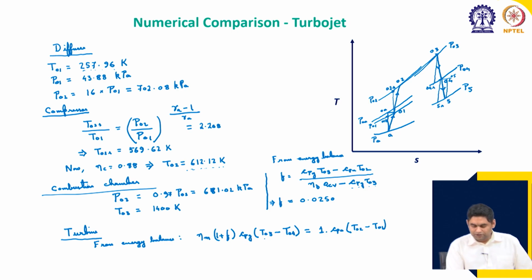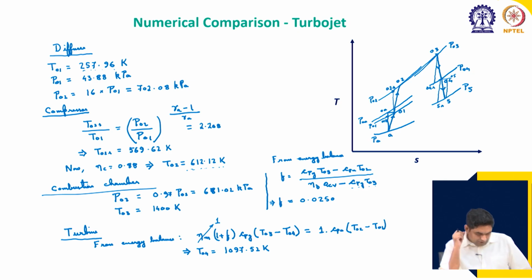Cpa is known, Cpg is known, T03 is known, 1 plus F is known, and mechanical efficiency is given as 1. So, finally, everything is known except T04. So, from here we will find the value of turbine exit temperature, which comes out to be equal to 1097.52 Kelvin.